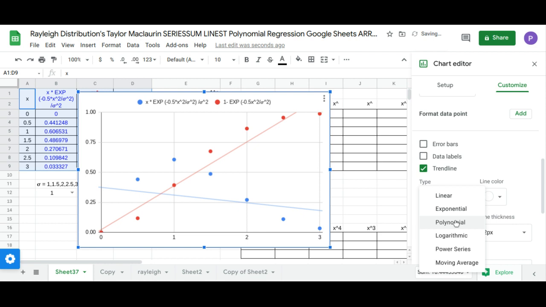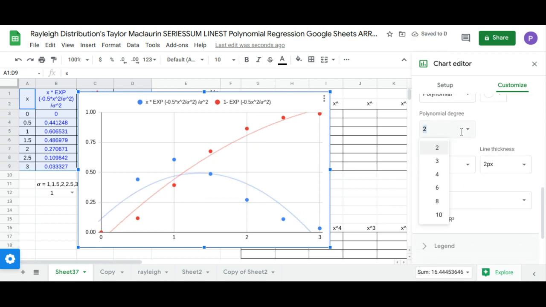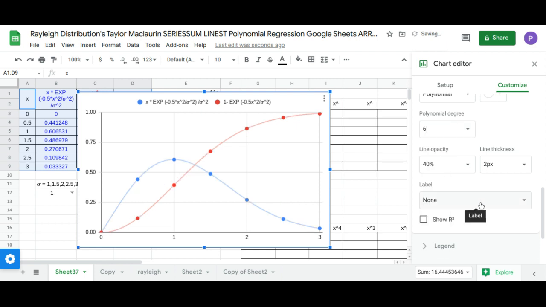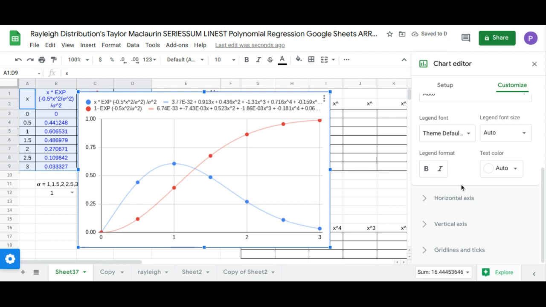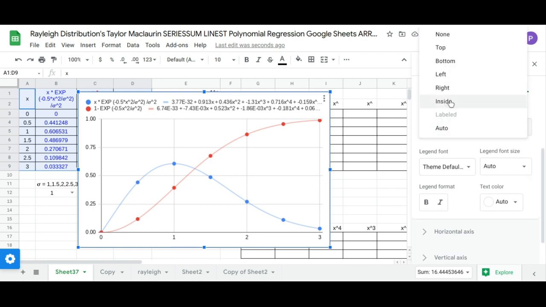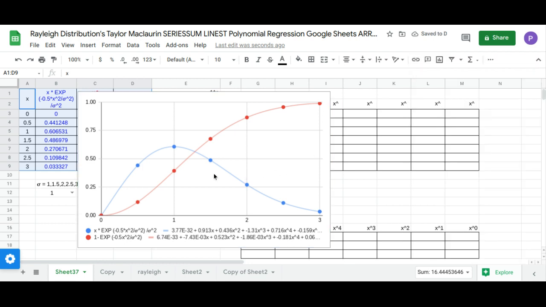Polynomial, degree 6. And equation label, and the position at the bottom. We set this aside.